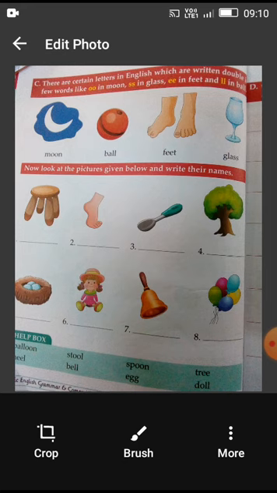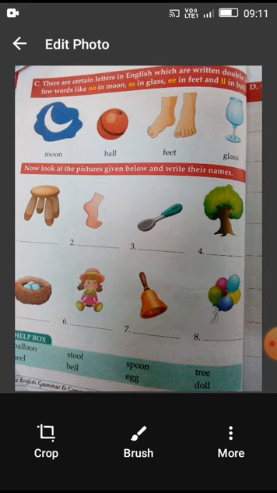So for the exercise, you can see the picture is given here, and you can write the name of such pictures, and you can take the help of the help box. It is given down here. In the down part you can see the help box is there, and you can fill up the blanks.